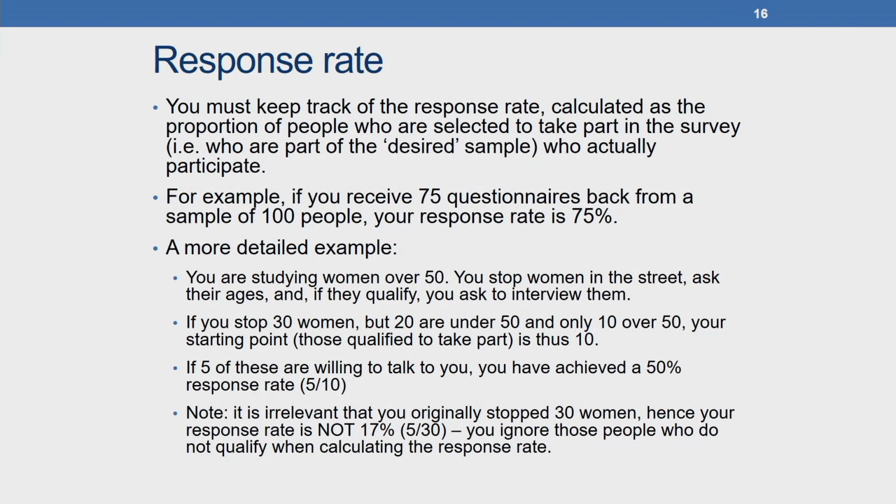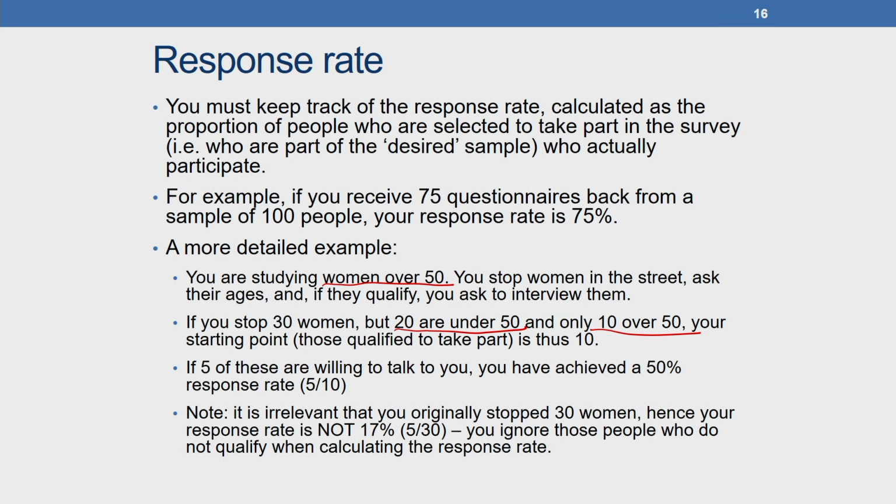Suppose you are studying women over 50, and you stop women in the street, you ask their ages, and if they qualify, you ask to interview them. Suppose you stop 30 women, remember that you are studying women over 50, and of them 20 are under 50 and only 10 are over 50.